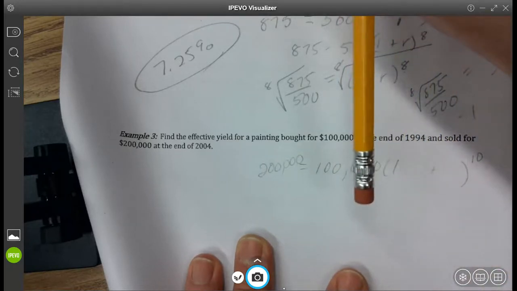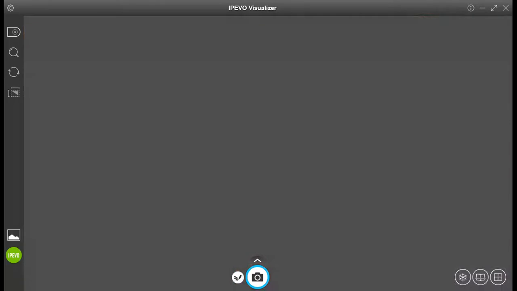So we're going to assume it's not talking about compound. So we could try it again like this. 1 plus r over 1, so 100,000 being divided, and then it's 1 plus r to the 10th.